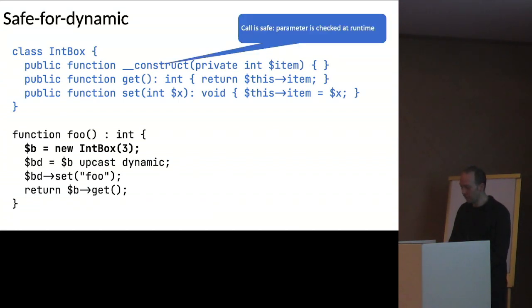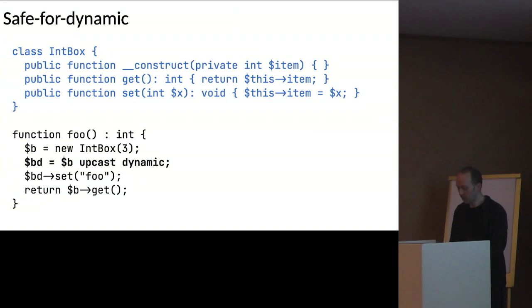Again, parameters are checked at runtime. So if we happened to sneakily try to put something other than an int in there, the code would have failed. On this line, the user is upcasting to dynamic. They're opting into dynamic operations. And this means that for our purposes, you can do most things with this variable BD, this dynamic box.